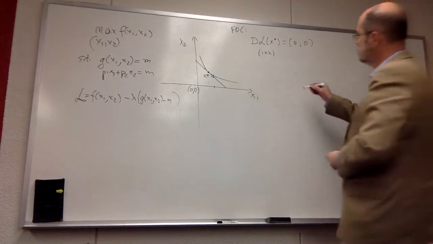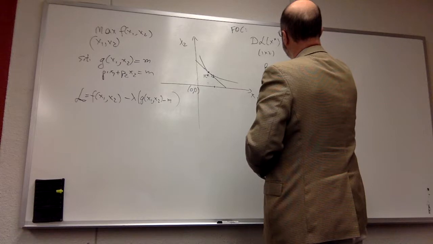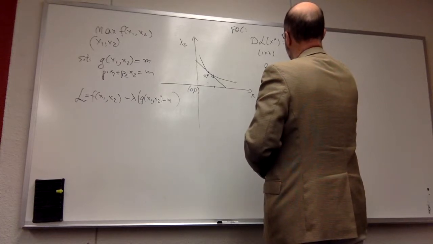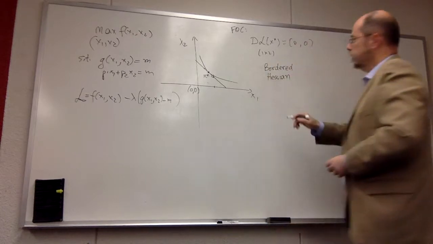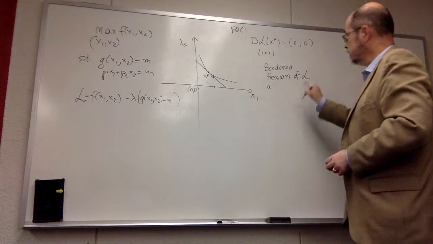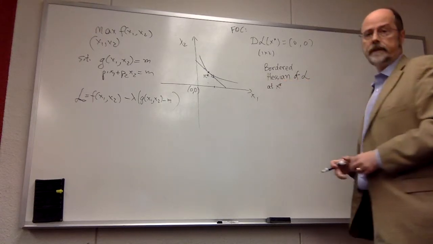And you build it like this. So the bordered Hessian of the Lagrangian, the whole Lagrangian will go in, at the candidate point x star.